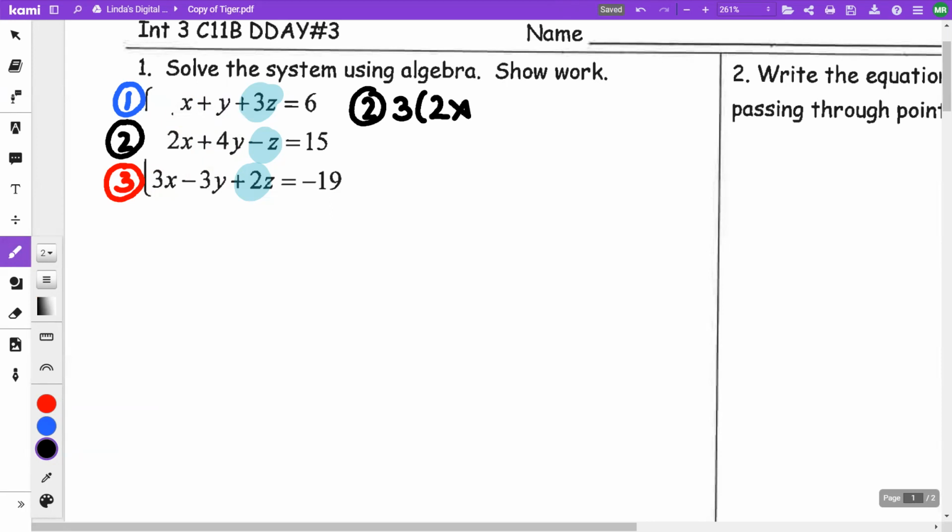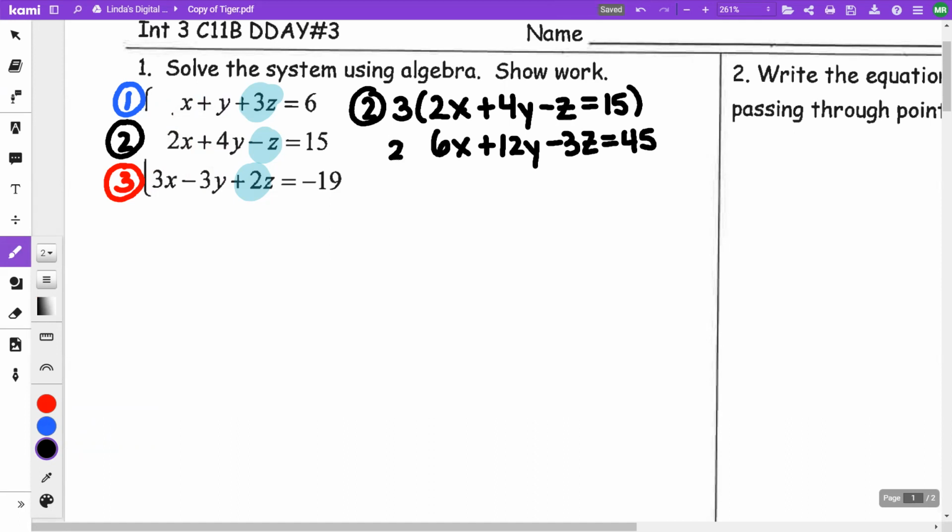So 3 times 2x plus 4y minus z is equal to 15. So that's going to give me a 6x plus 12y minus 3z is equal to 45.